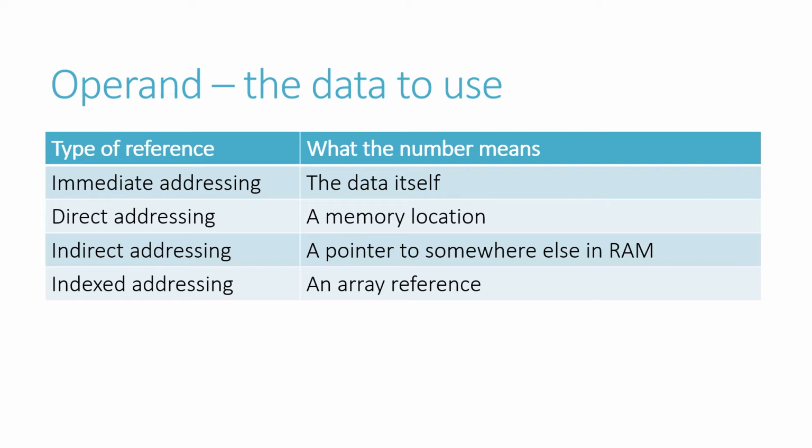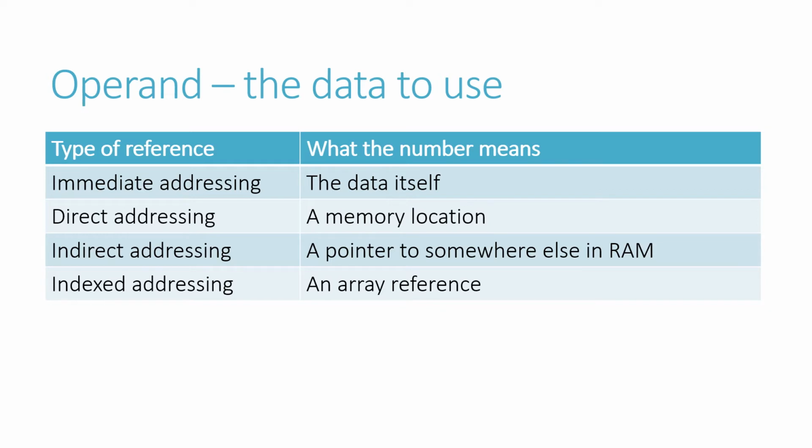This slide briefly goes through all four of them, and then I'll look a little bit more detailed at each one. Firstly, immediate addressing. In this case, we just put the data into the command. Direct addressing means we put the memory location of the data into the command.